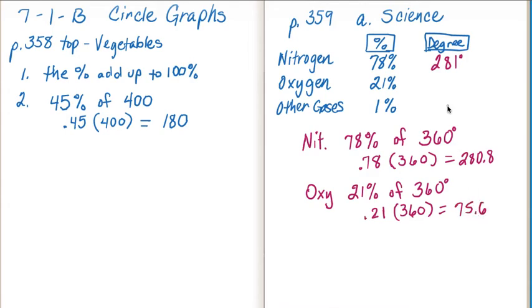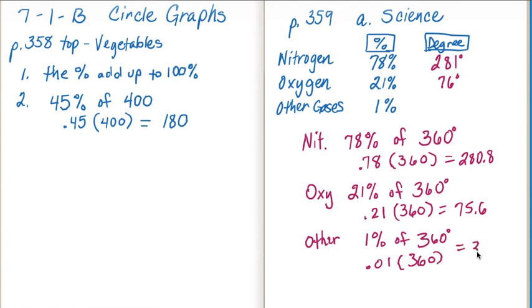And then if we round that to the nearest degree, we'd get 76 degrees. And then other gases, we only have 1% of 360. So that's 0.01 of 360. That's going to move our decimal back 2 places, and we get 3.6, which rounds to 4 degrees.